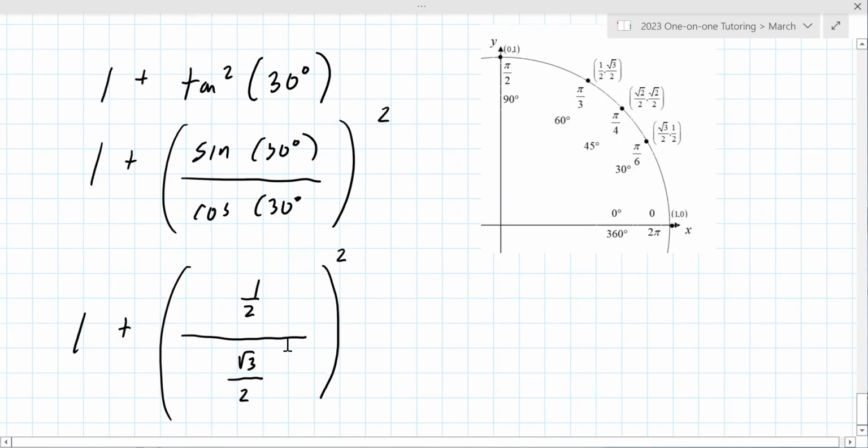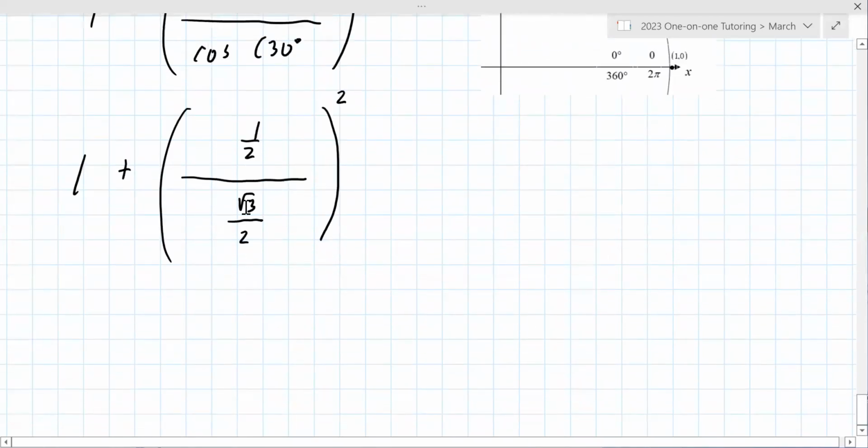Now you have a choice. You can square the top and square the bottom and then divide, or you can divide and then square. Are you drawn to one way or another? There's not a wrong answer. No, I don't mind. Okay, I would generally prefer to simplify what's inside parentheses first.